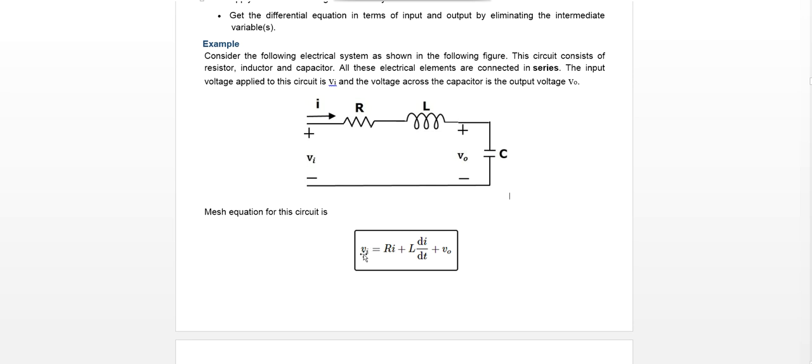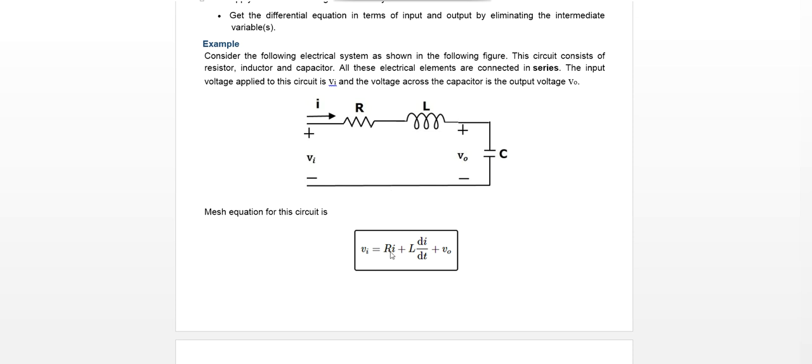Since this is voltage, using Ohm's law, voltage equals current times resistance.